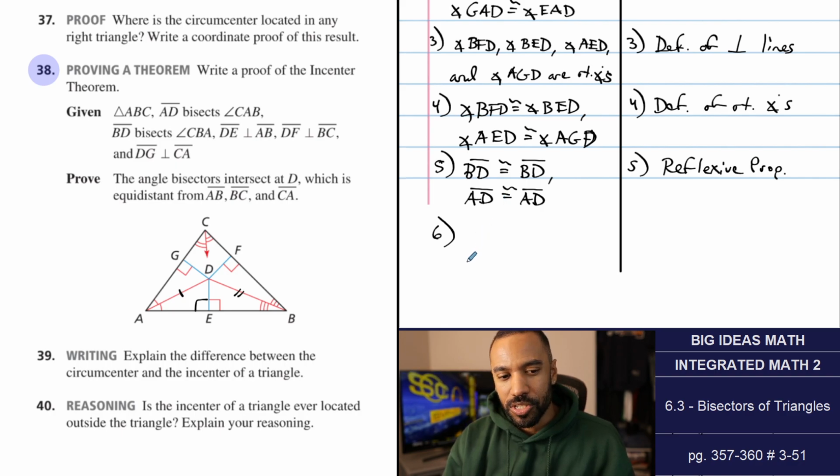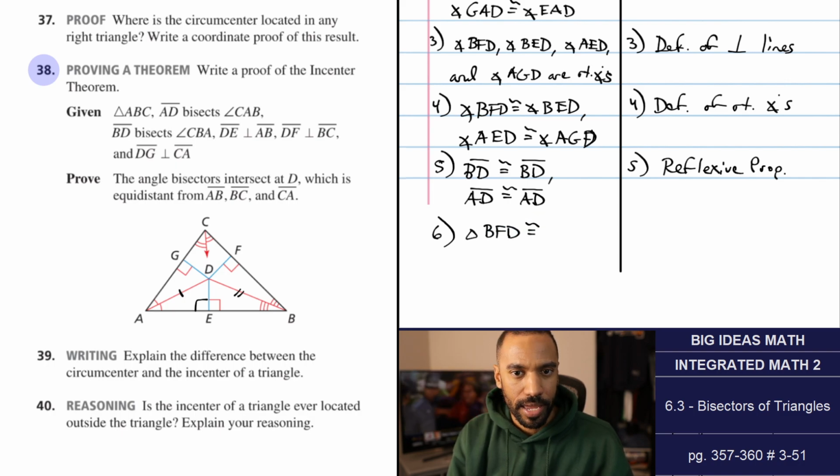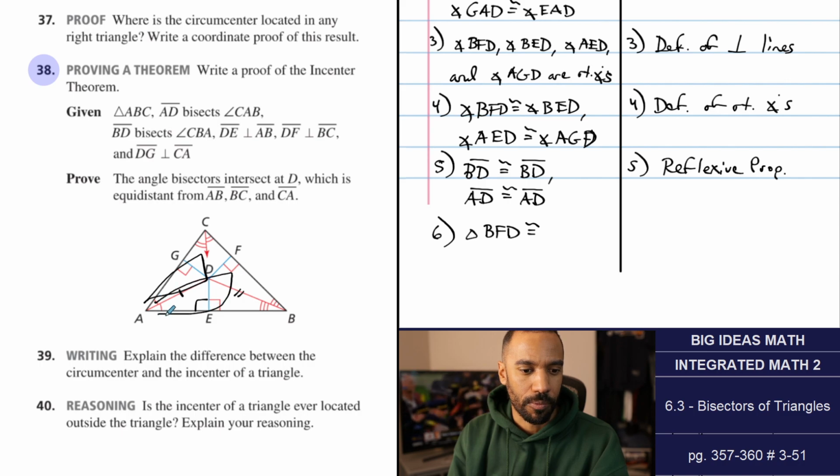But triangle BFD, this top one right here, I'm going to say this triangle is congruent to this one, and then I'm going to say this triangle is congruent to that one.